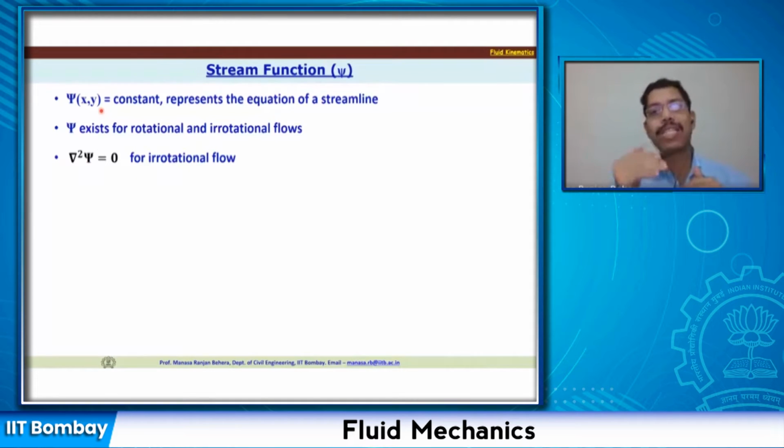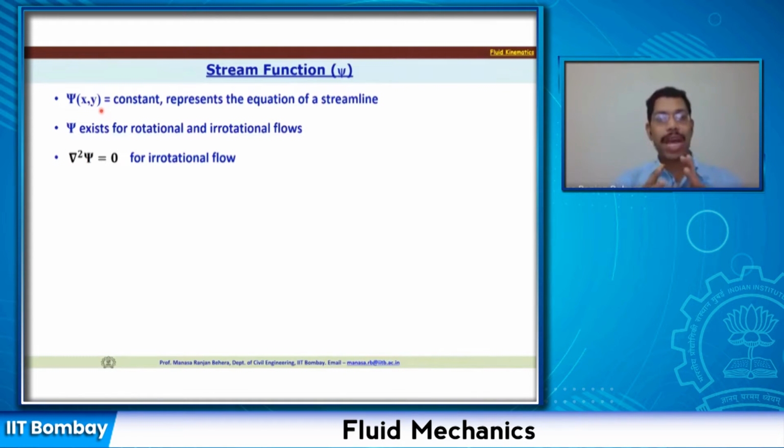Similarly, if I start equating that to different constants, I will get different streamlines, or a set of streamlines. Okay, so these streamlines are also called flow lines. So basically, this is one flow line. If constant 2, then that is another flow line. If it is equated to constant 3, this is another flow line. Okay, so these are the properties.